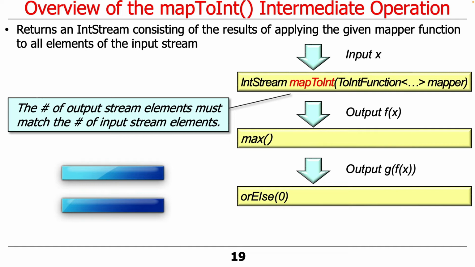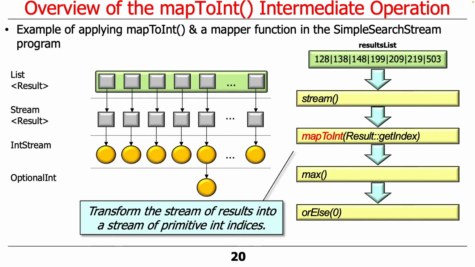As with map, the output of mapToInt should match the number of elements of the input to mapToInt. In this case, however, it's always going to be int. You're going to have a stream of ints coming out of mapToInt. And the way we're going to use it here, and we'll see this when we look at the code a little bit later, there's a method that we're going to use to print stuff.